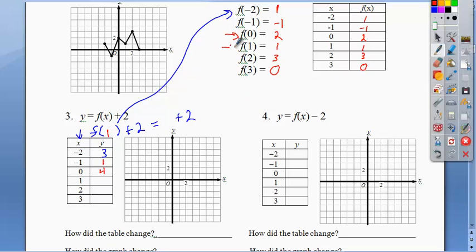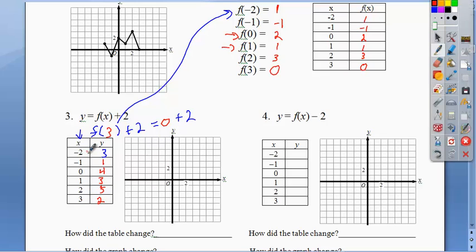F of 1 gave me also positive 1, and so 1 plus 2 is 3. And then, as you can notice, the next one is going to be f of 2. F of 2 gave me 3, and so 3 plus 2 gives me 5. And f of 3, the value was 0, and 0 plus 2 is 2.